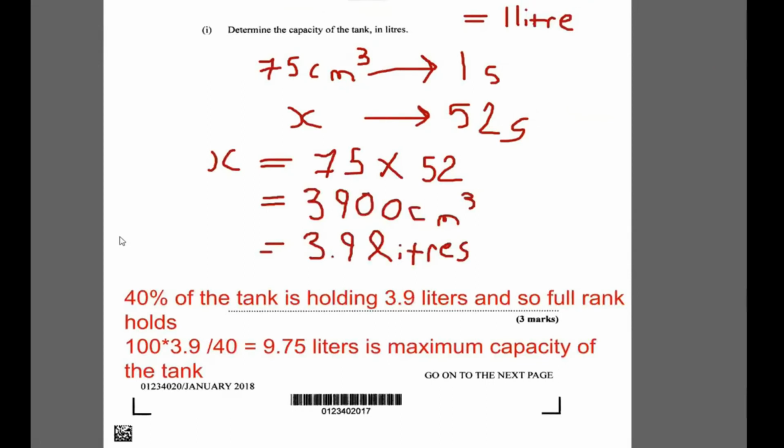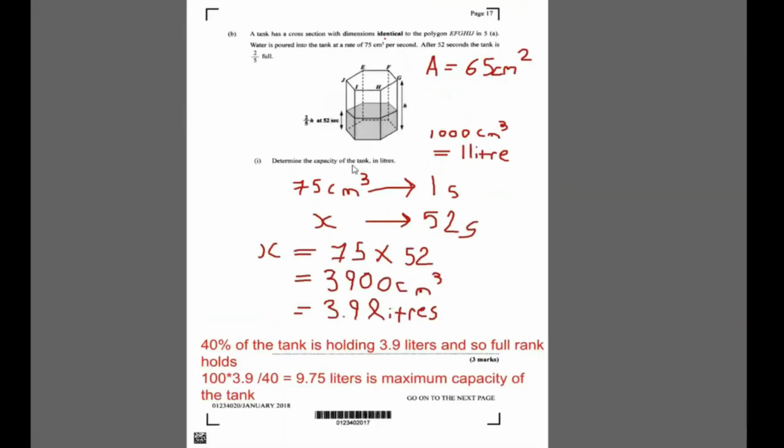No issues here. So again, we wanted the capacity of the tank. We found the capacity when it is 40% filled is 3.9 liters, so when it is full up to the top, it's going to be 9.75 liters.